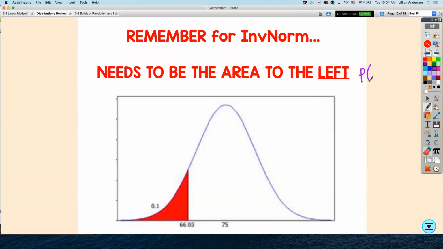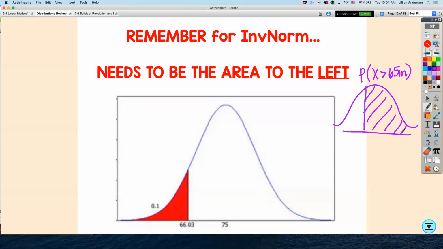So if the question asks, what's the probability that you select a person whose height is greater than 65 inches? Well, actually, let me take that back. We're going to use inverse norm for that. Let's say the probability was 75% that you selected a height bigger than X. Well, I can't use 75% because that 75% is to the right of that X value.